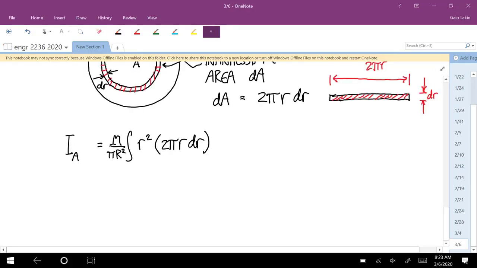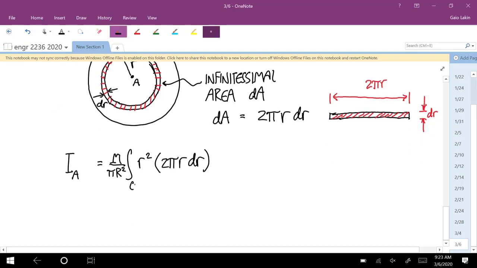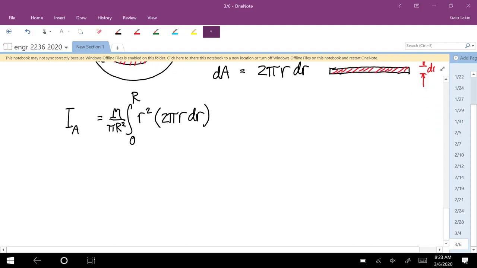The last thing we need is the bounds of integration. What r values are we going to integrate this over? 0 to big R, yep. You get a cancellation here.